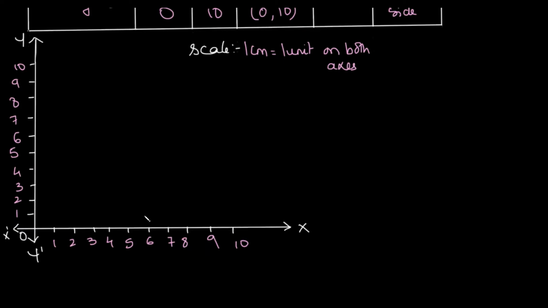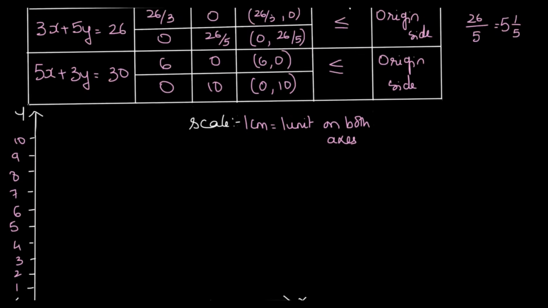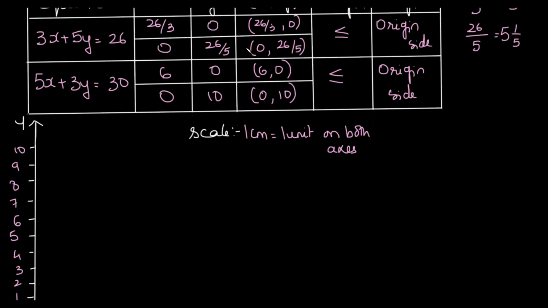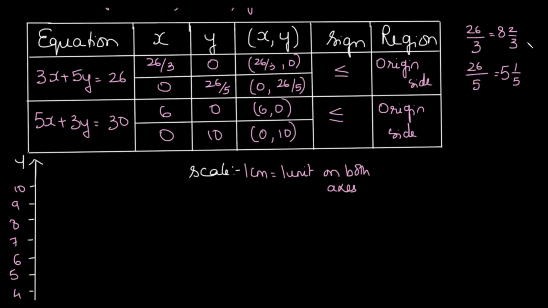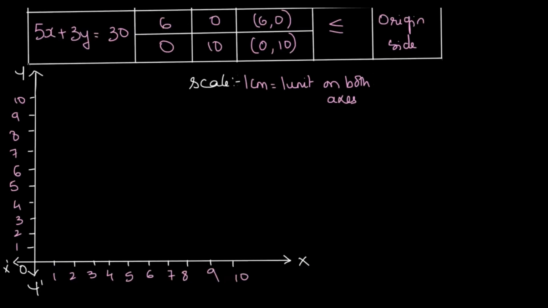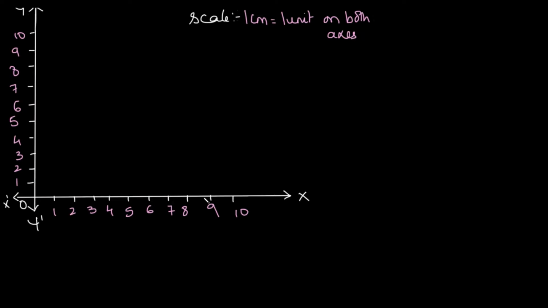In this case, the first point is 26 upon 3, 0. As I told you, 26 upon 3 means the point lies between 8 and 9 on the x-axis. So we take the point between 8 and 9, 2/3 of the distance over here. So this is 26 upon 3, 0.